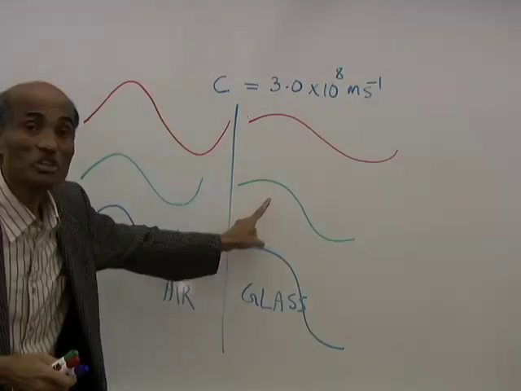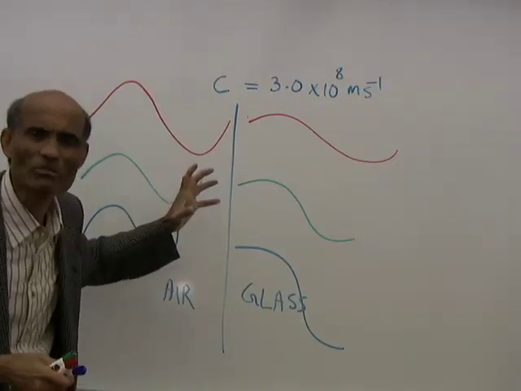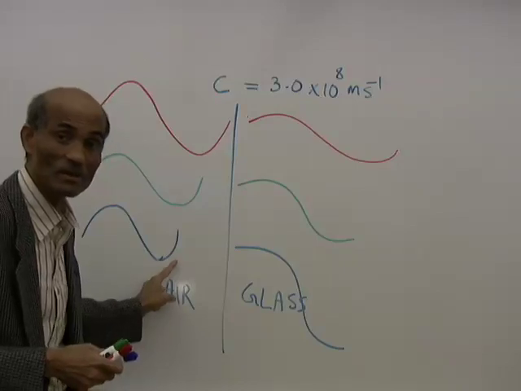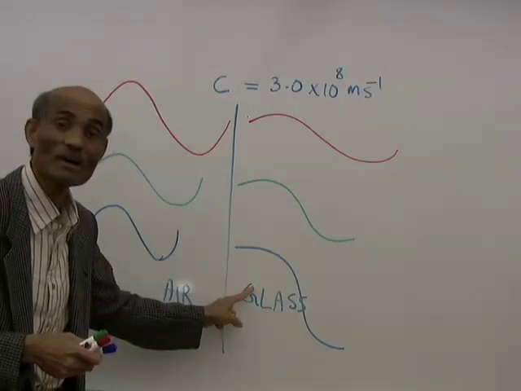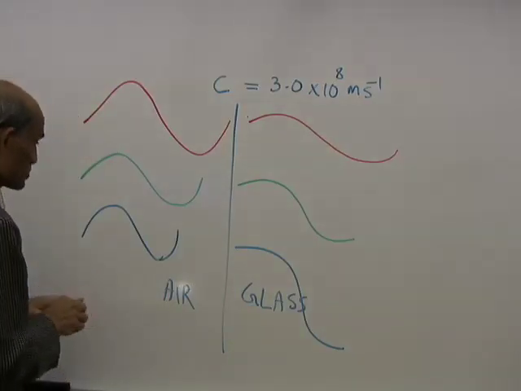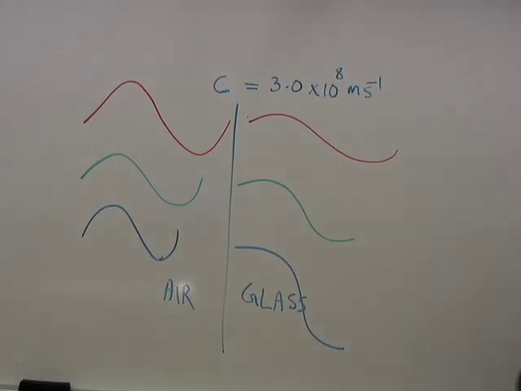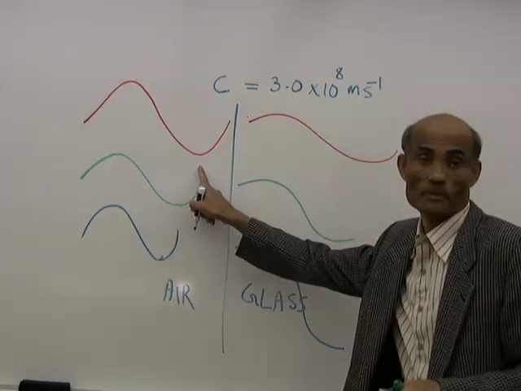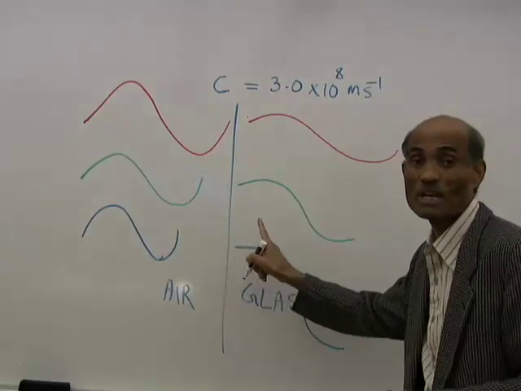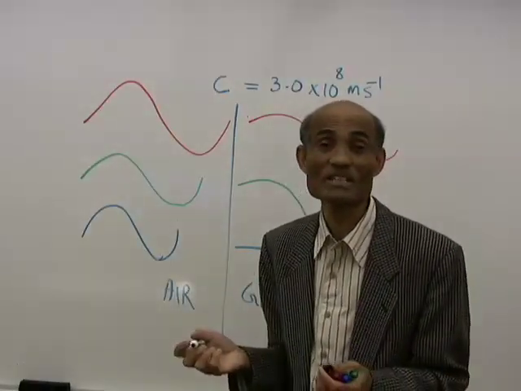Now, the deviation suffered by a ray of light as it enters from one transparent medium into another is called refraction. So refraction is the process in which a light ray, as it enters from one transparent medium into another, suffers a deviation in its path.